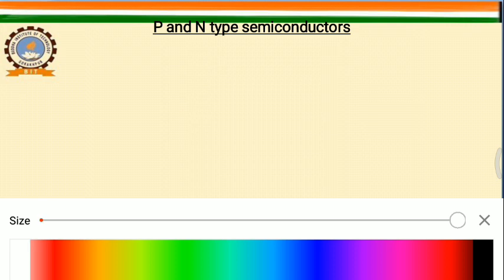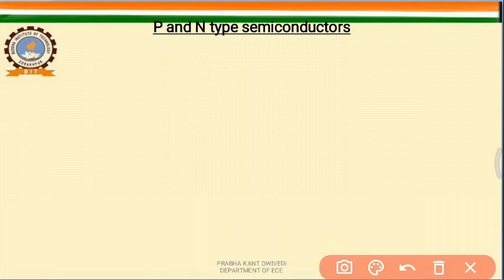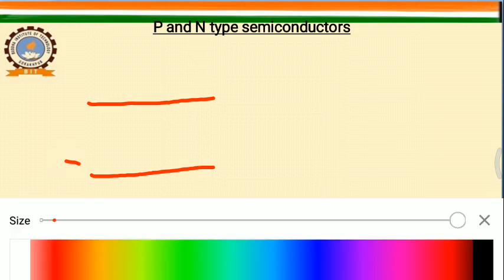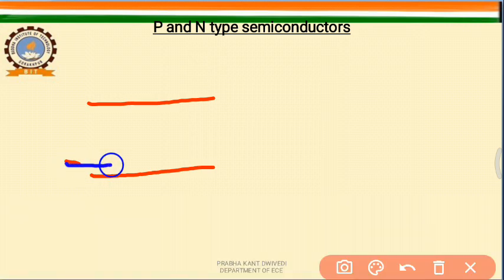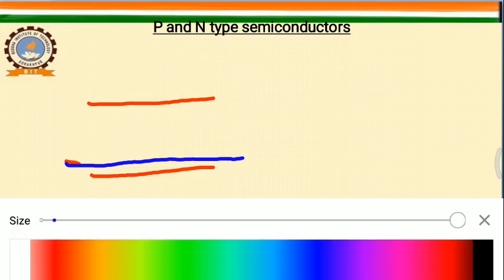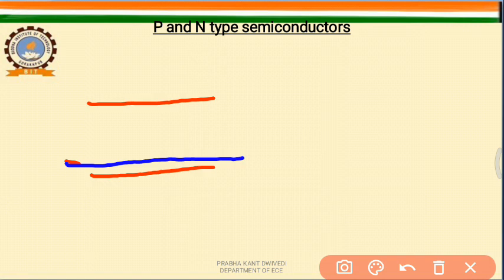Suppose here is the p-type semiconductor. This is the energy band diagram of p-type semiconductor. In the p-type semiconductor, the Fermi energy level lies exactly above the valence band here, and in the n-type semiconductor, the Fermi energy level lies just below the conduction band.